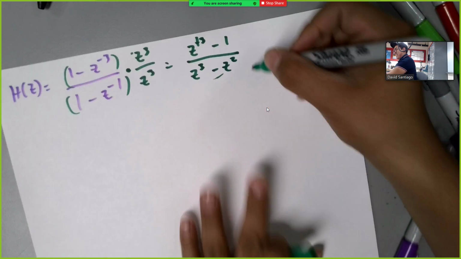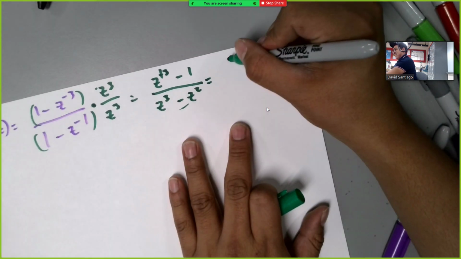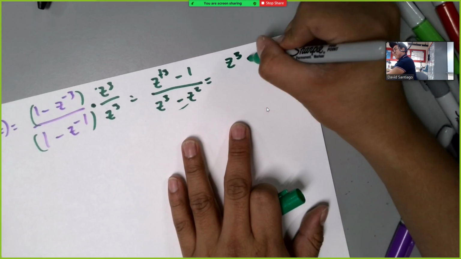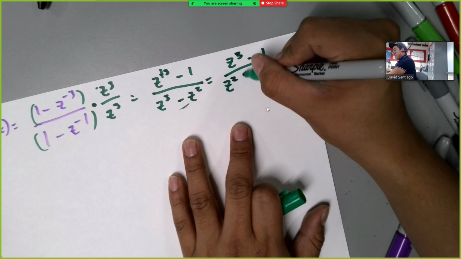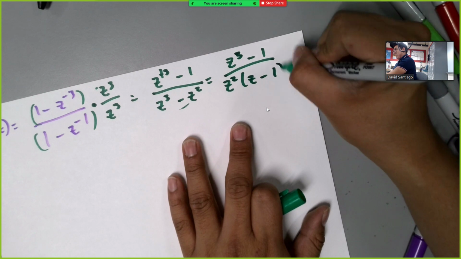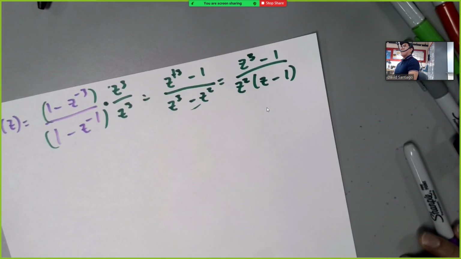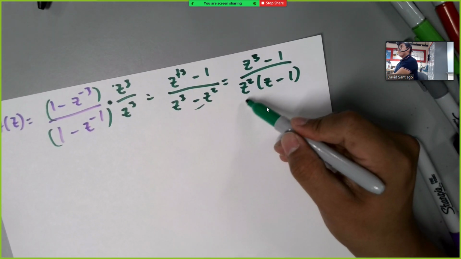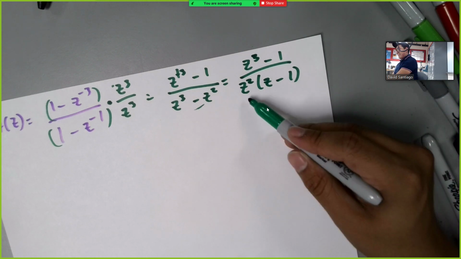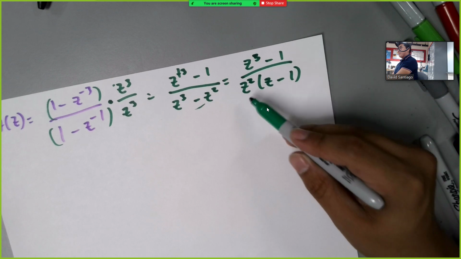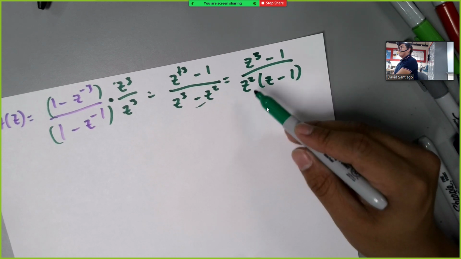But I don't like that, so factoring it: z to the 3 minus 1, over z squared times z minus 1. Do you see that? We actually have 2 poles and another pole right there. Look at this hidden pole. We have 2 poles located at 0.